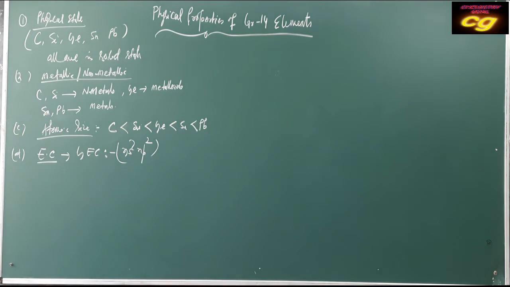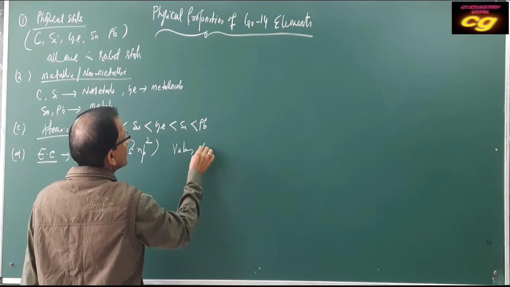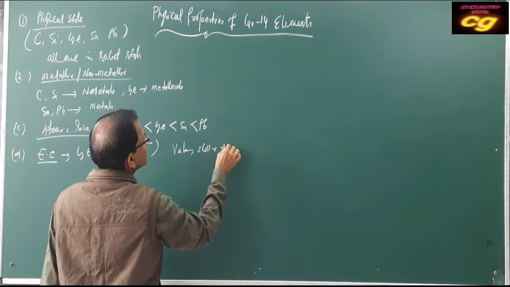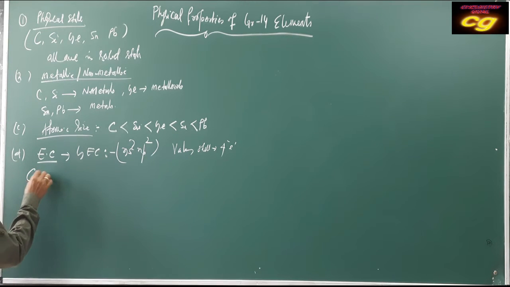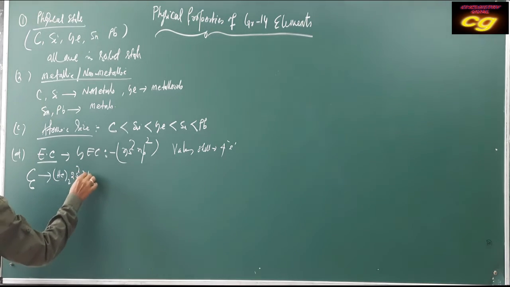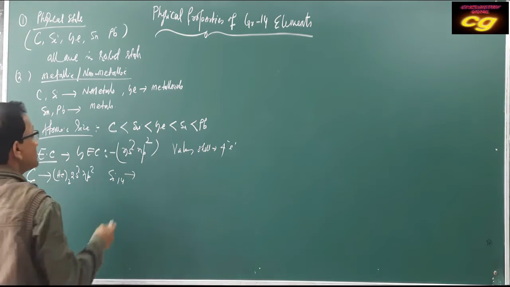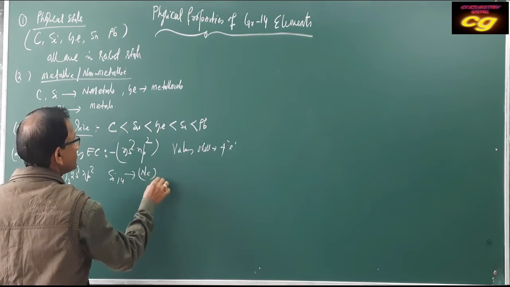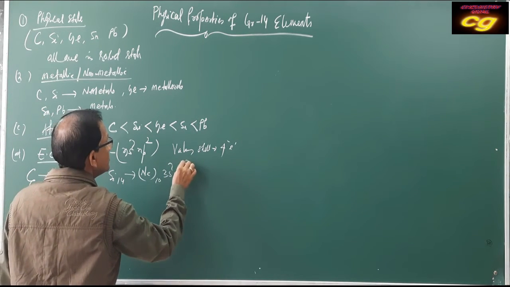That is 4 electrons in the valence shell. The main point is that they contain 4 electrons in the outermost shell. Carbon, atomic number 6, has configuration helium 2s2 2p2. Silicon, 14, has configuration neon 10, 3s2 3p2.